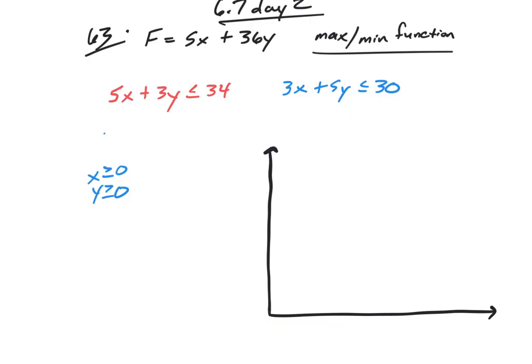Both of these are in standard form, and so you can do whatever you want to get some points to graph this. If you want to solve it for y, you can, especially if you want to graph it and put it into your calculator. We also talked about when it's in standard form, that doing the cover-up method is also a good method. And for this one, that's probably where I'm going to go, and I'll show you why.